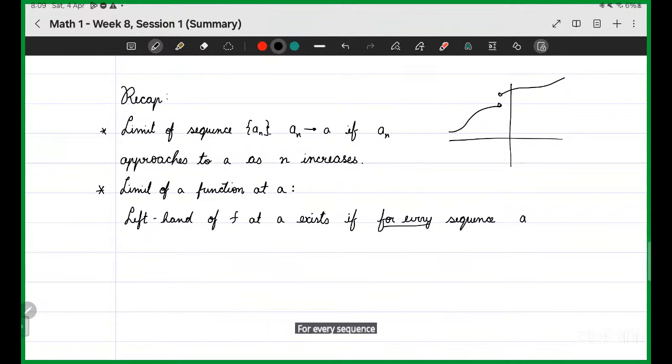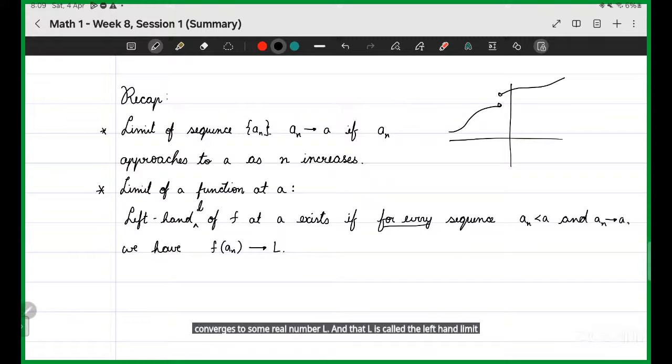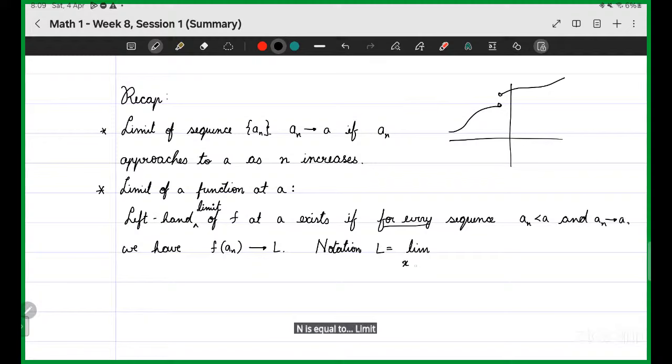For every sequence a_n less than a and a_n converging to a, we have f of a_n converges to some real number L. And that L is called the left-hand limit of f. And the notation is L is equal to limit as x approaches a minus of f of x.